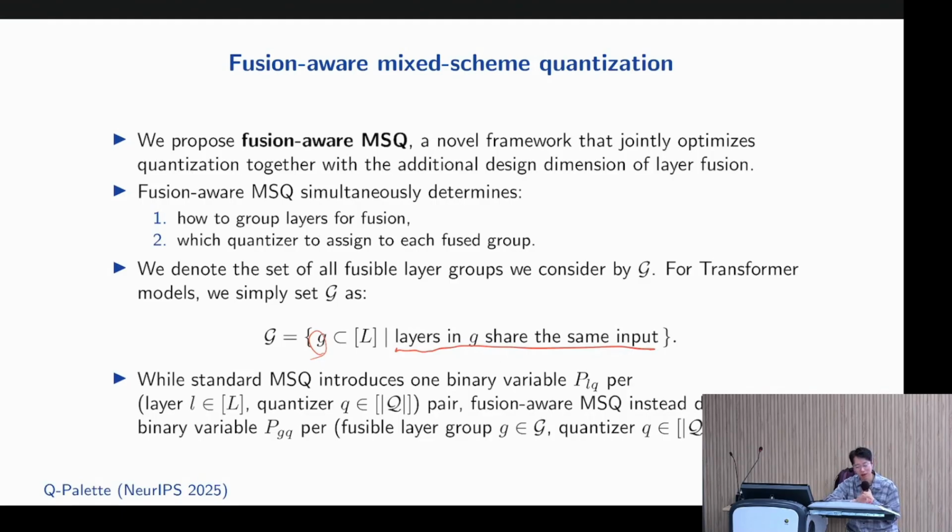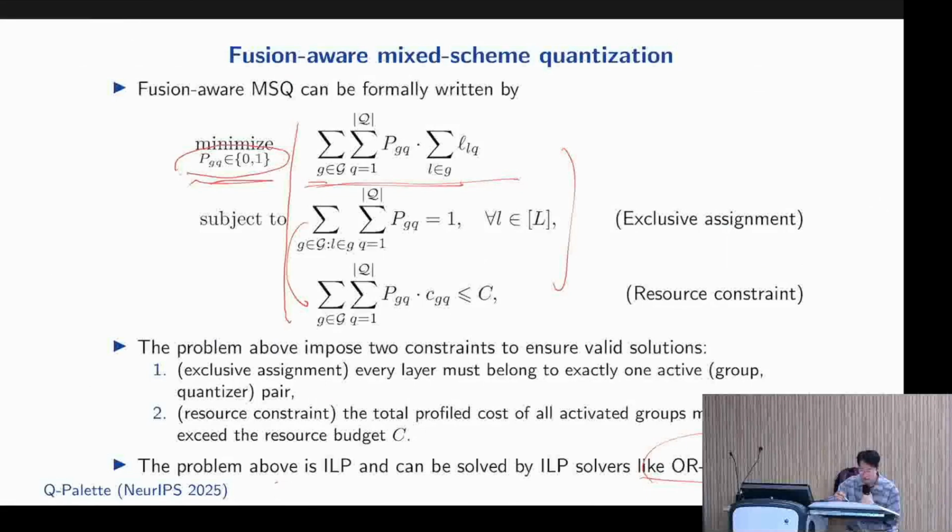So we're now optimizing over the space of groups where it makes sense to group or not. The optimization objective is pretty much the same, except that we are no longer looping over layer indices, but we are looping over different groups.